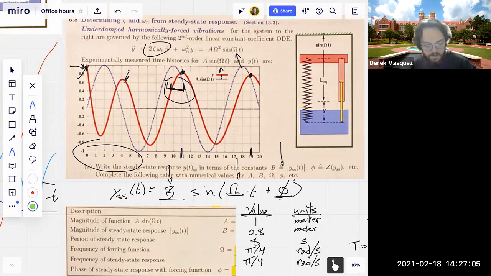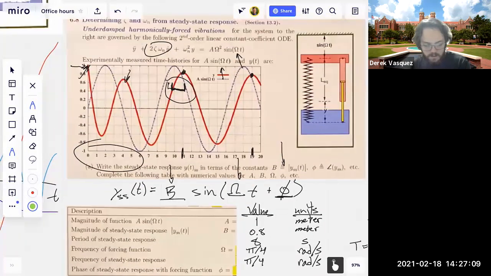How might we find zeta and omega n given this data here? Well, so we can find omega n.